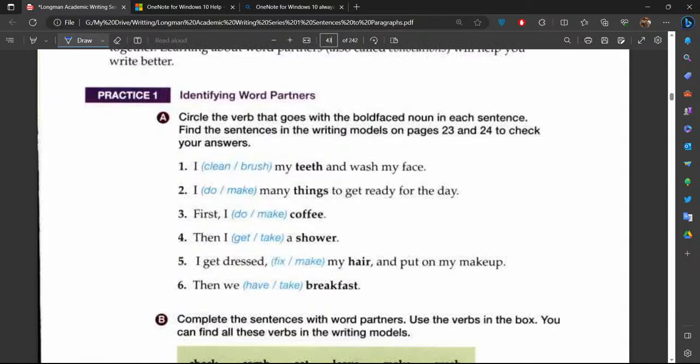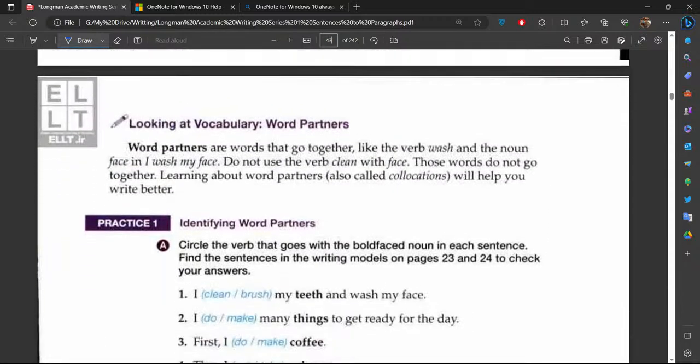Identify the word partners, circle the verbs. Okay, looking at the vocabulary, word partners.